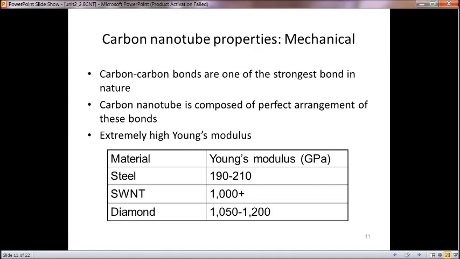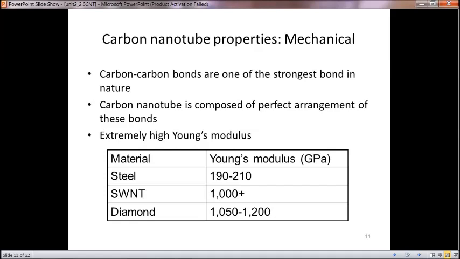A material like steel has a Young's modulus of 190 to 210, and diamond, which is a nanoparticle, has a Young's modulus value of 1050 to 1200. So based on the pressure we are applying, the single-walled nanotube has a Young's modulus of 1000 plus, based on the radius of the nanotube.